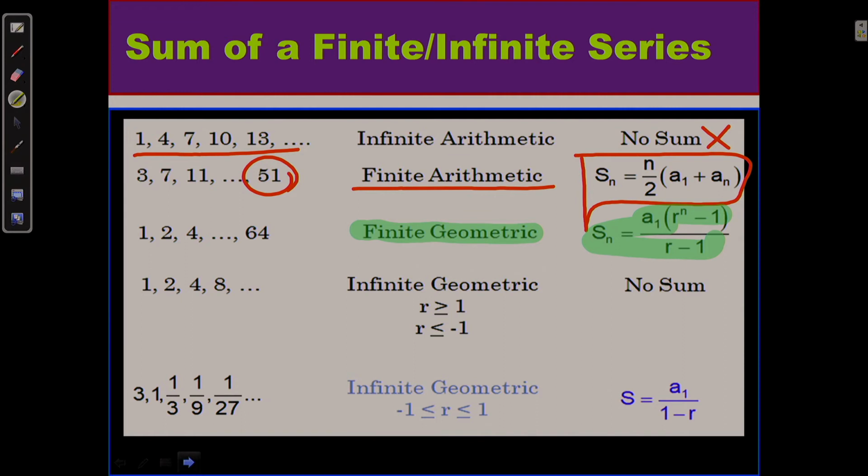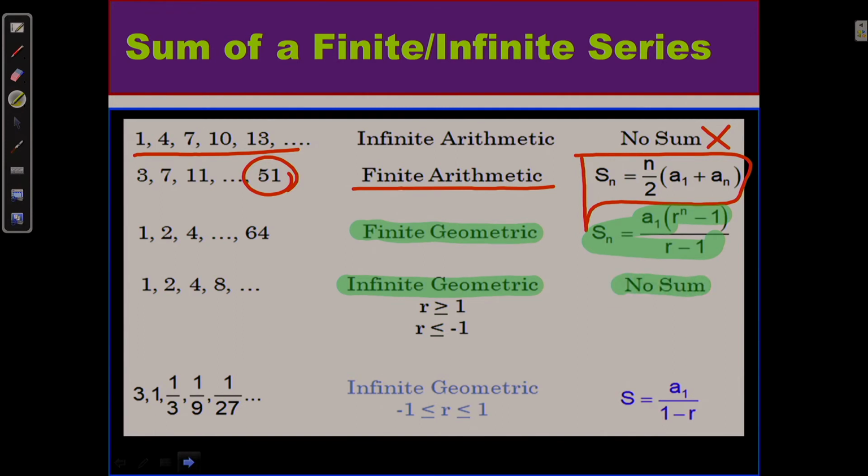When talking about an infinite geometric series, there are two conditions. For infinite, if r is greater than 1 or r is less than or equal to minus 1, you will not know the sum.